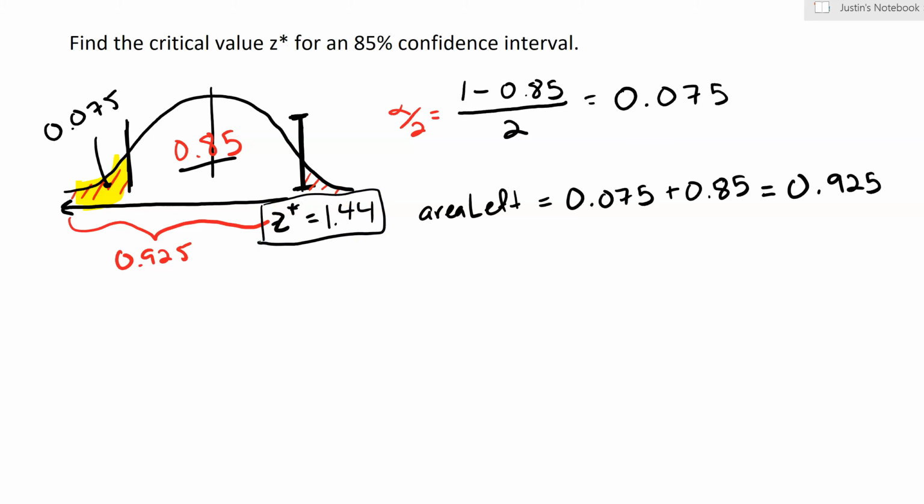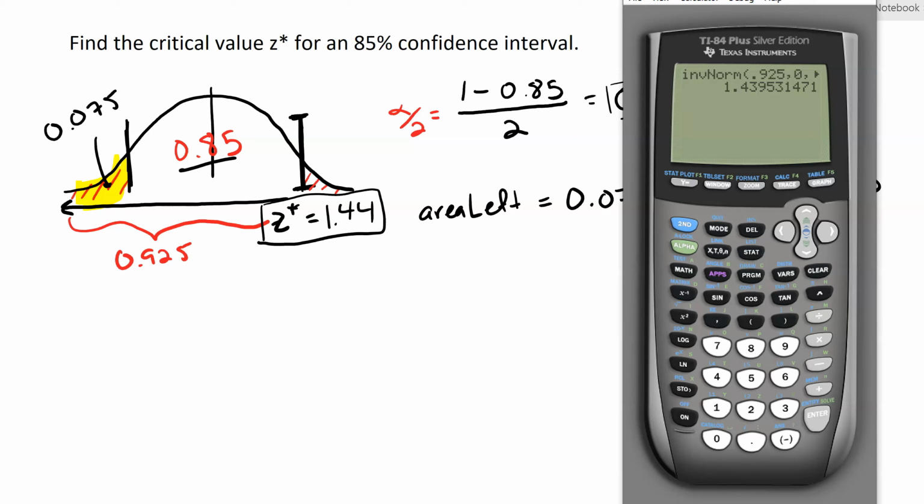Now, the other option that we could have done, rather than adding these two areas together, is to see what happens if we just put that alpha over 2, just that 0.075, into our calculator. So let's edit this, second distributions. And rather than 0.925, we'll just put the area to the left of the lower boundary, which is 0.075.